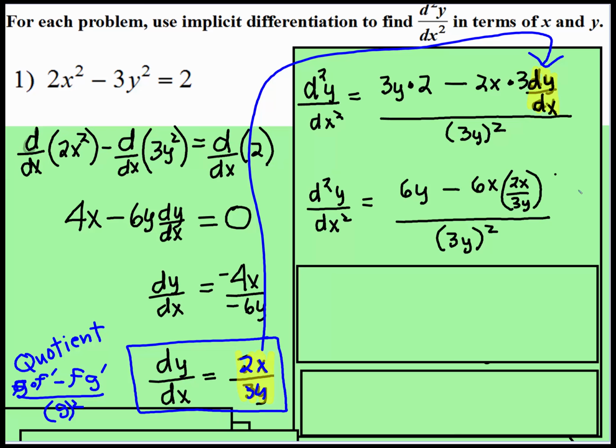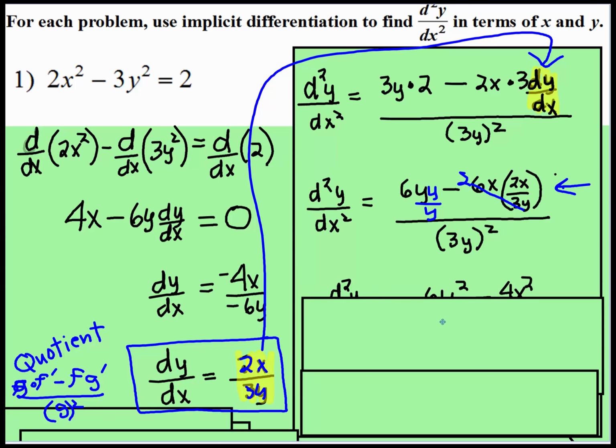Well, now this piece has a denominator and this one doesn't. But notice the 6 and the 3 can cancel to 2. And now there's just a y down here. So you just have to multiply top and bottom by y. And then when you simplify, 2x times 2x. So all of that is still over 3y squared.